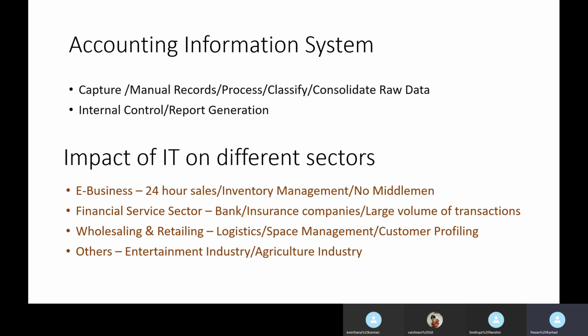This point of customer profiling we have seen in the order processing system. Order processing system is doing nothing but customer profiling, like forecasting the revenues. If wholesalers and retailers have all this information, they can do business and take decisions accordingly. Here logistics is the main point in wholesaling and retailing.